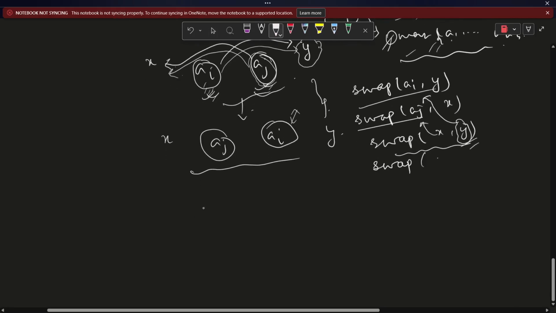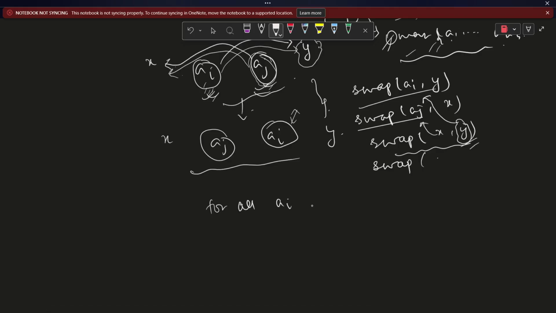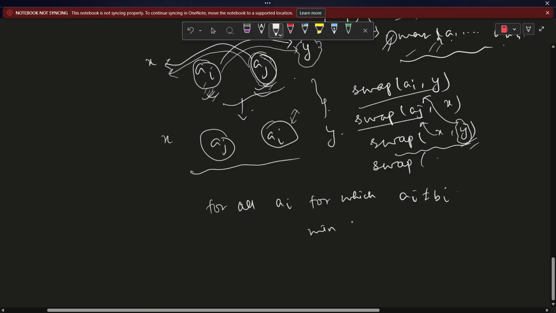So what I can do is, for all AI for which AI is not equal to BI, I'm going to take the minimum of the maximum of.